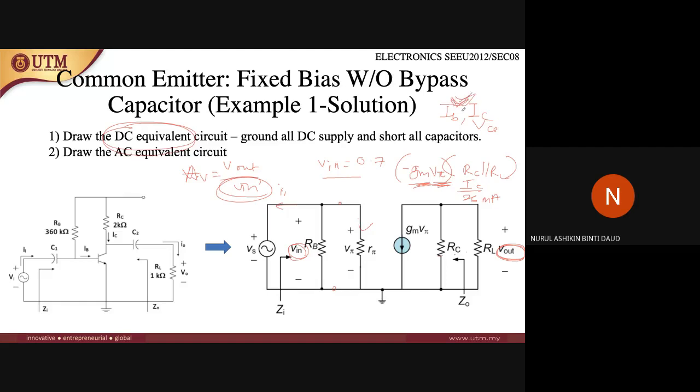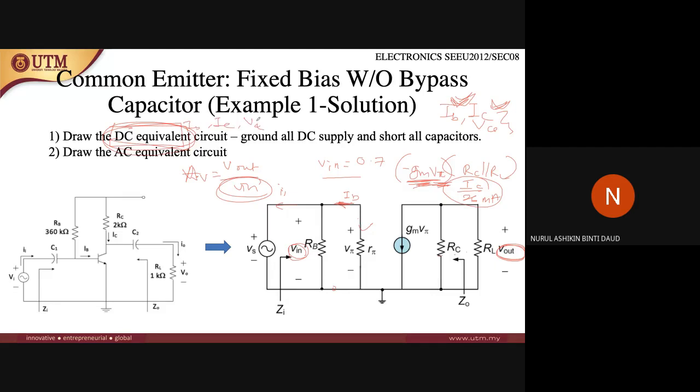Once you know IB, you can always find these two values. Because in this information, we don't know what IB is here. Since we don't know IB, we also can't find the value of IC, so we can't solve the value of GM. So first of all, draw the DC equivalent circuit to get this information: IB, IC, and VCE.